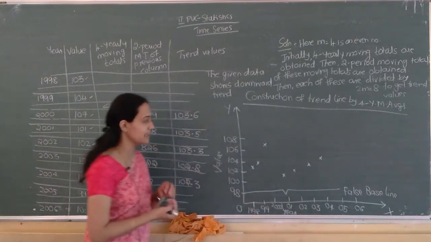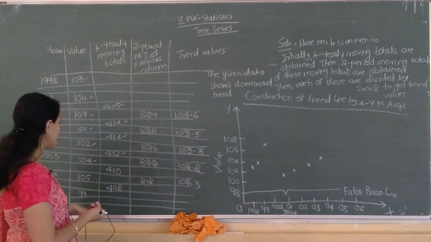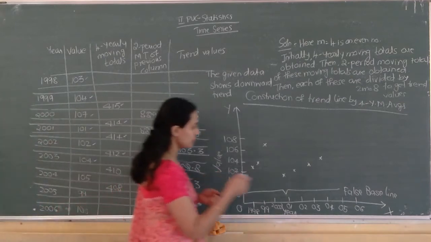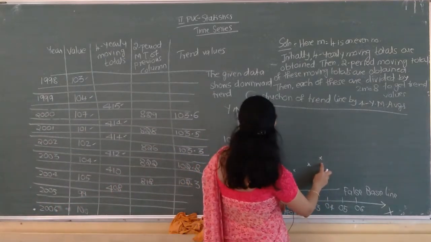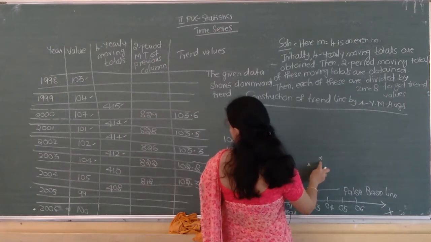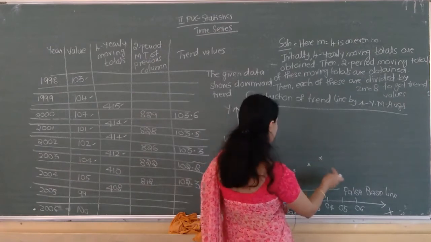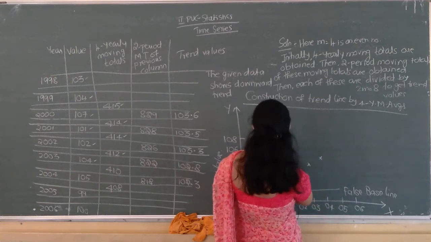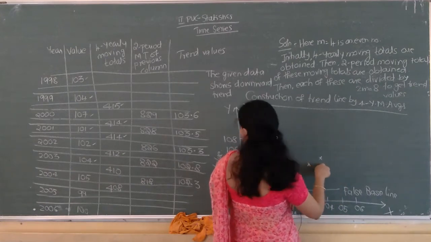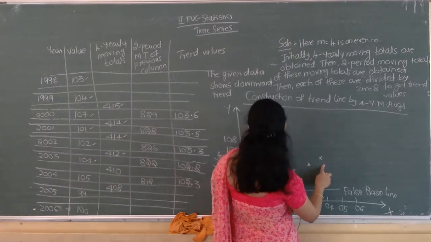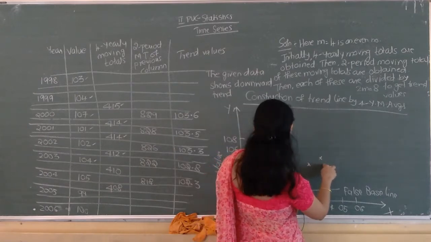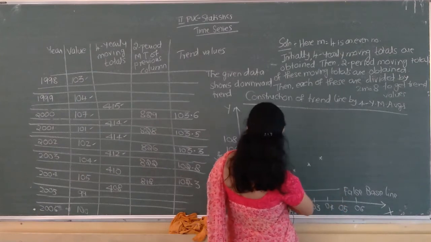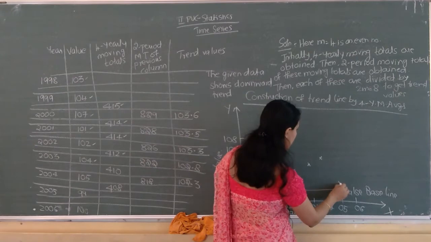Okay, just remember this one and this one. 2003, 104. 2004, 105. Sorry, 2005 I didn't do, it seems. 2005, 99, it comes here.